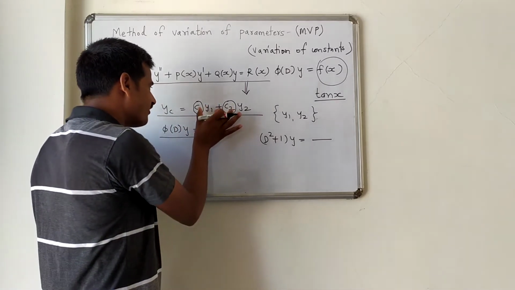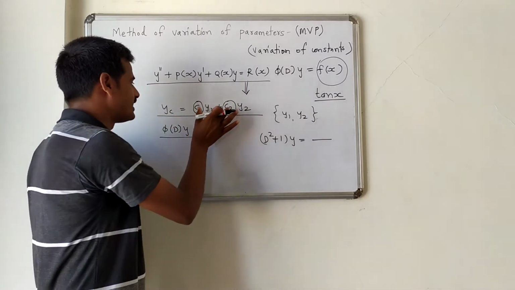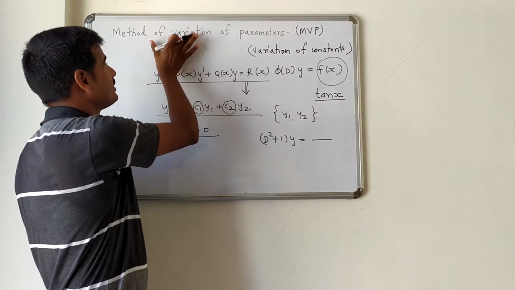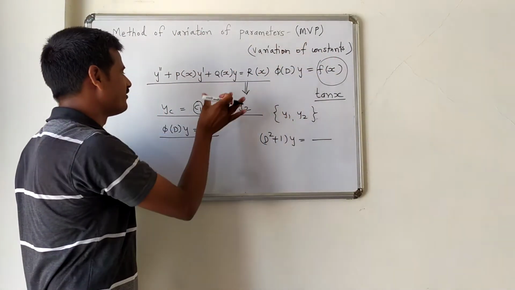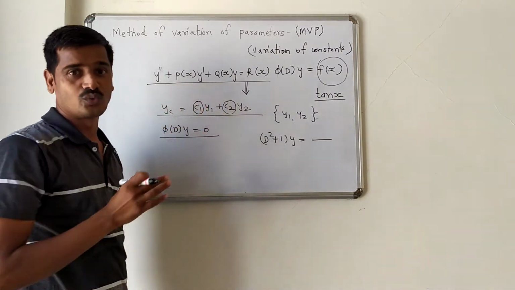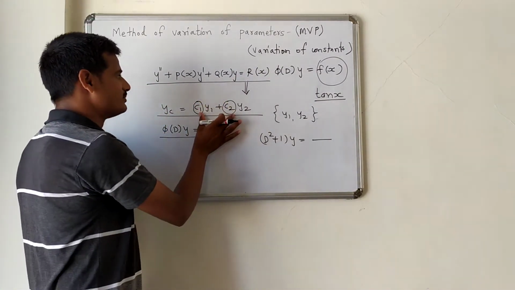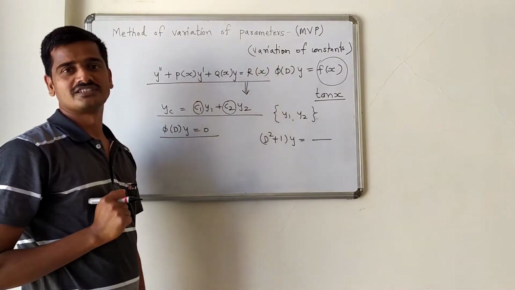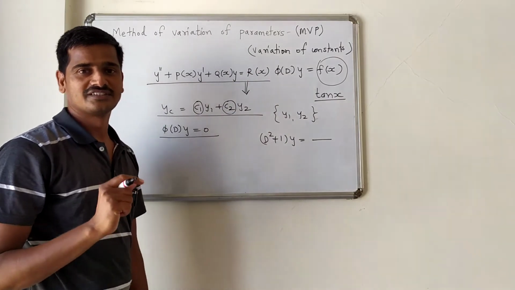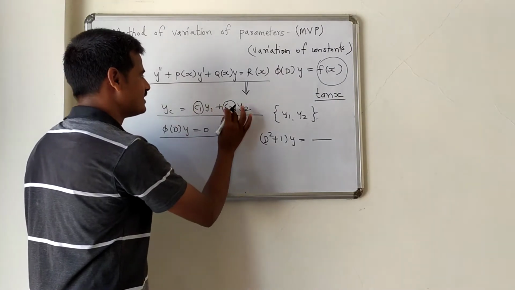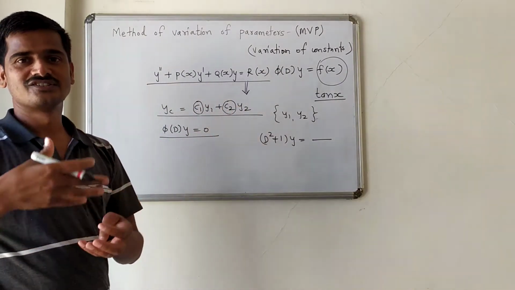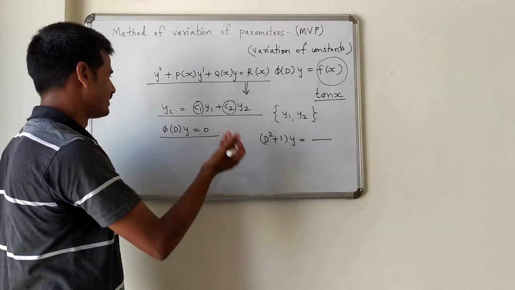If I vary this c1 and c2, this is why this nomenclature, method of variation of constants, is there. The question is, will it become the particular solution of the given differential equation? And the answer to this question is yes. So I will replace c1, c2 by some functions of x.